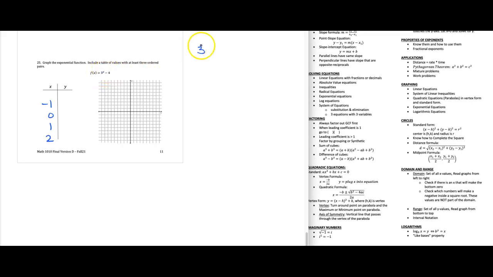So 3 to the -1 power, and then minus 4. Well, 3 to the -1 is 1/3. And 1/3 minus 4, you could make those into common denominators, or you could put it into your calculator.